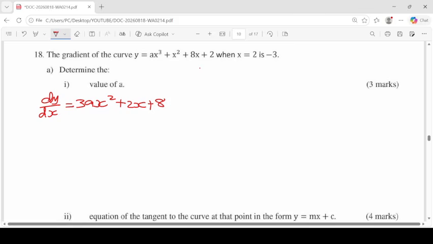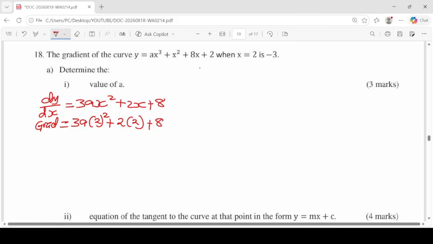Now to get the gradient, we substitute the value of x into the gradient function. So our gradient will be given by 3a into 2 squared plus 2 into 2 plus 8.